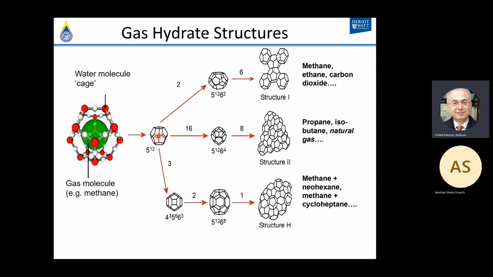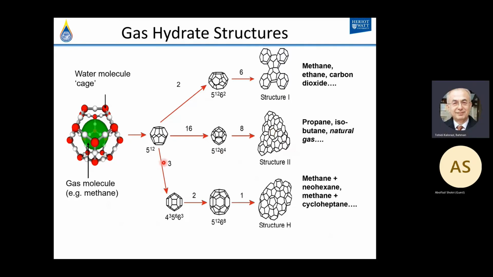Here you see that it has 16 of this pentagonal and 8. This is basically, you can see that they have 12 pentagonal and 4 hexagonal in structure 2.